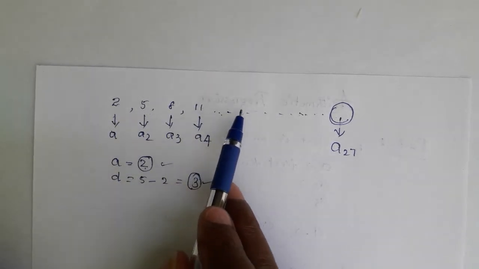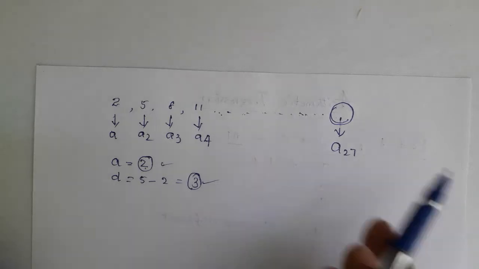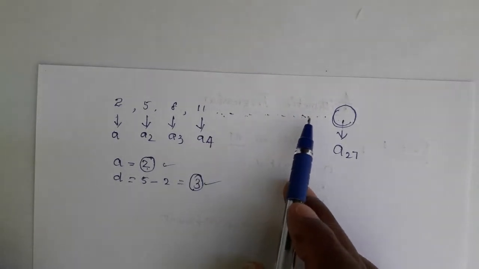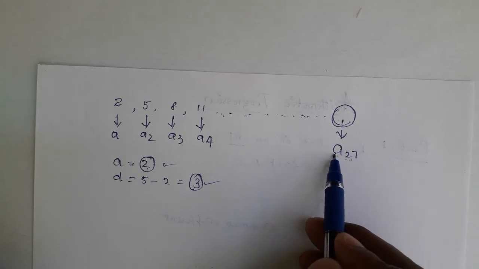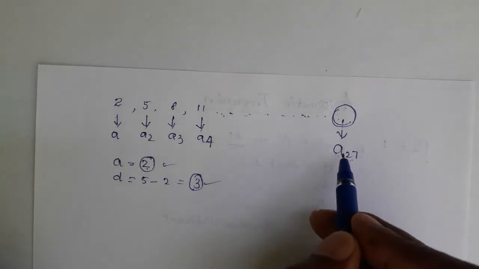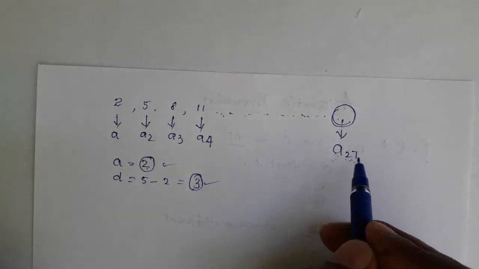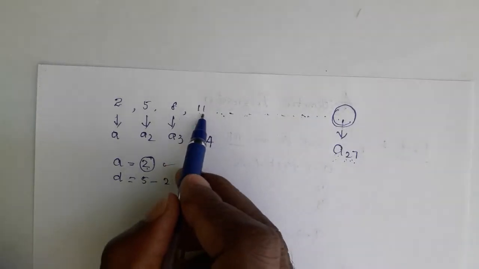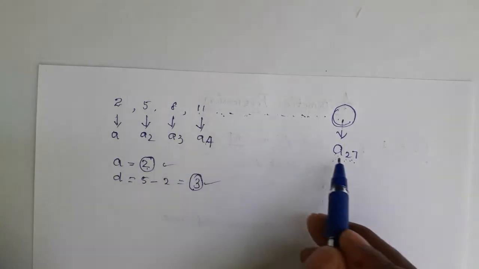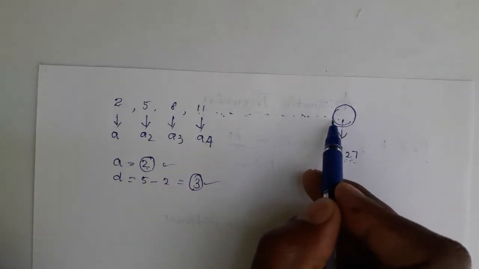The fifth, 6th, 7th, 8th numbers are not given. It is an infinite AP. So at the 27th position who is sitting? It is called A27, like the fourth position is A4. The fourth position we know, but the 27th position we don't know.